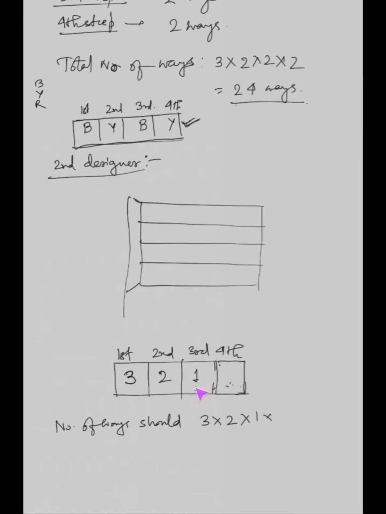If we leave that color, two colors would be left, so we may color the fourth band in two ways. If blue is applied to the third box, yellow and red are remaining, so you may choose between yellow or red.